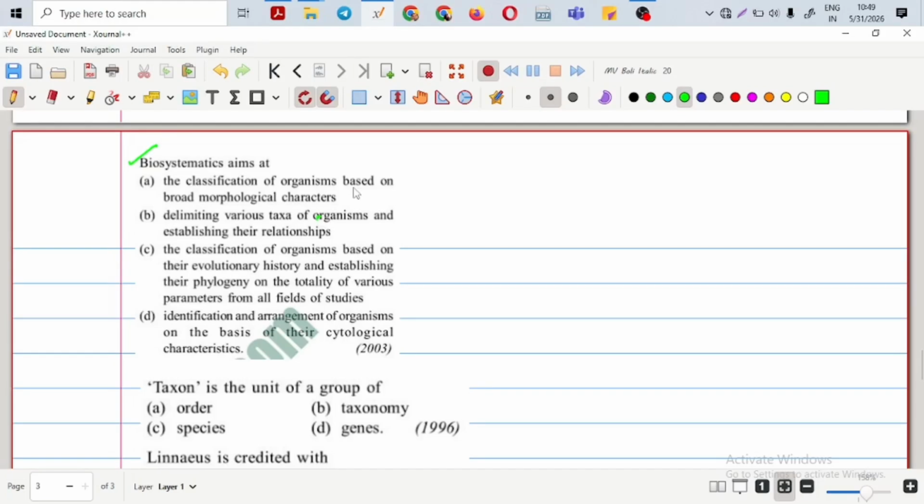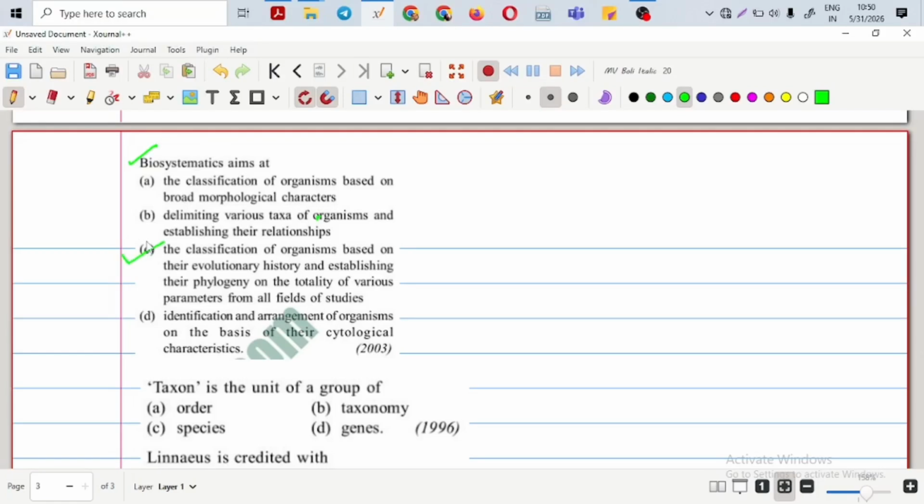Classifications of organism based on their evolutionary history and establishing their phylogeny in totality of various parameters from all the fields of studies. Identification and arrangement of organisms on the basis of their cytological characters. See the classification. Okay, the correct answer is C.